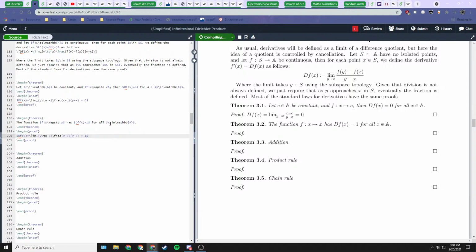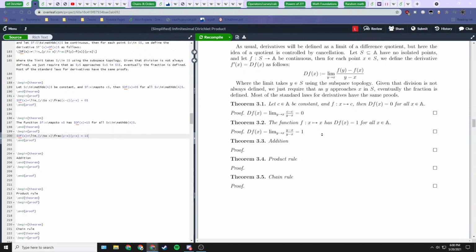So once again, this is just a one-line proof. If f is the identity function, then the numerator is the same as the denominator, so it just trivially simplifies down to 1.